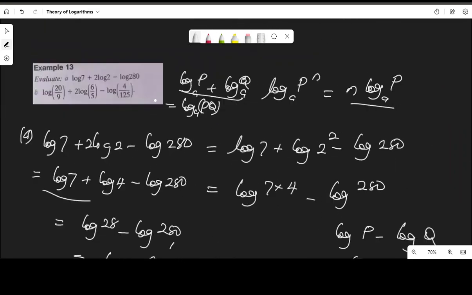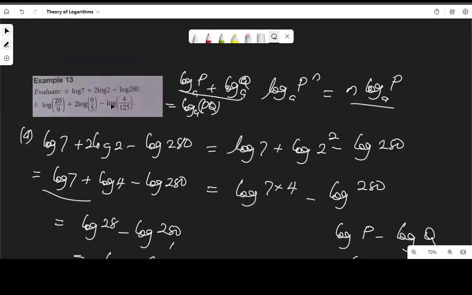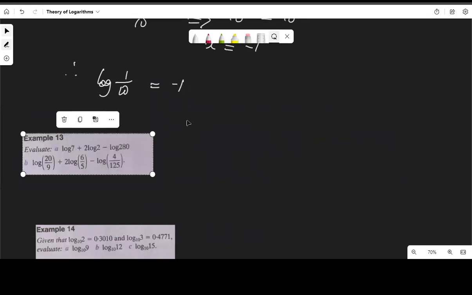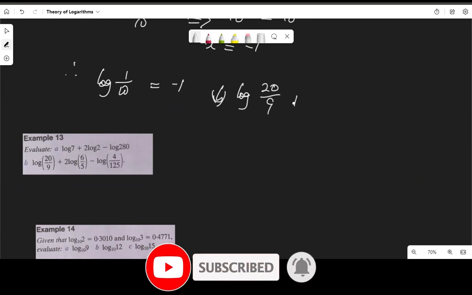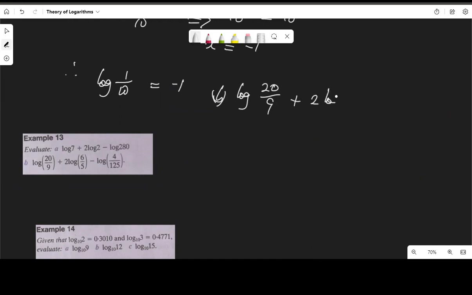And the second question there says, for the b, we have log 20 over 9 plus 2 log 6 over 5 minus log 4 over 125.